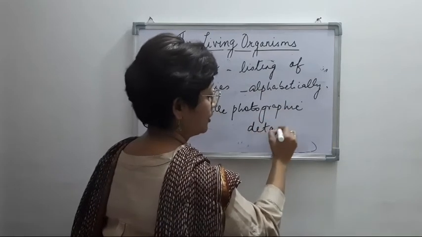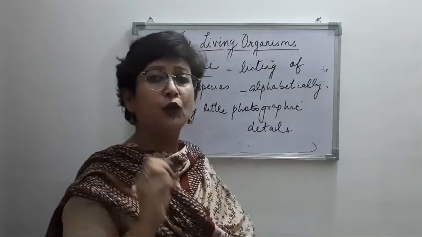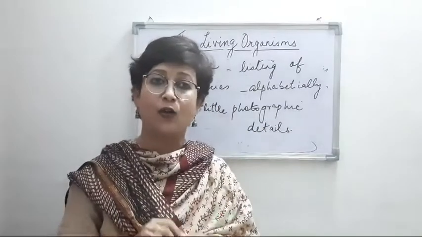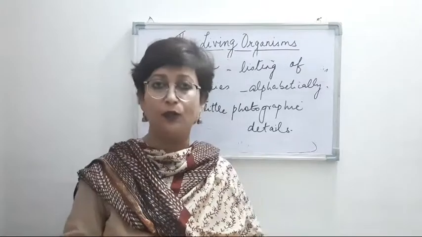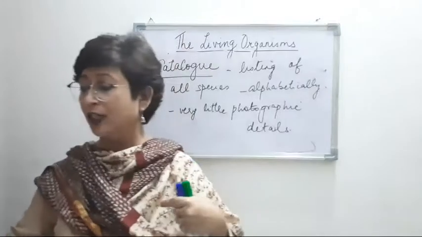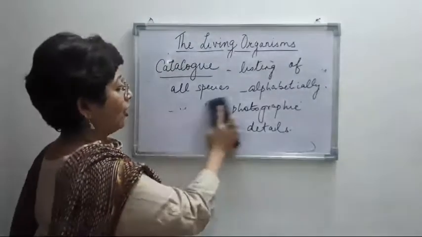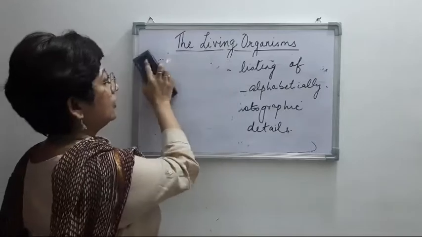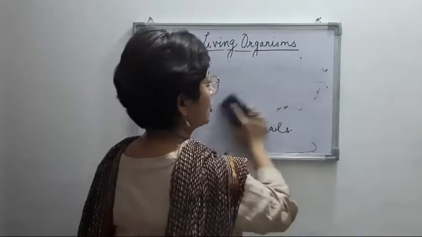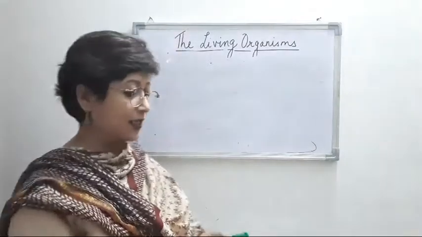What do I mean by this? Very few photographs in the whole catalog we'll be able to find, right? So very little photographic detail. So that is simply what a catalog is. And now we come to the last taxonomical aid, which is known as key.